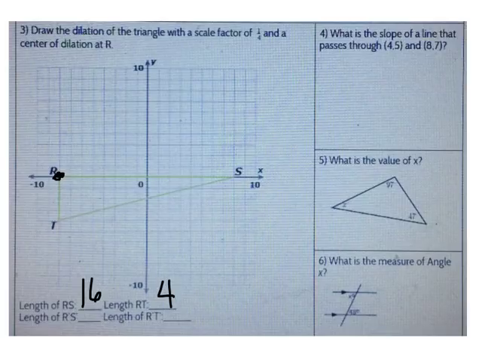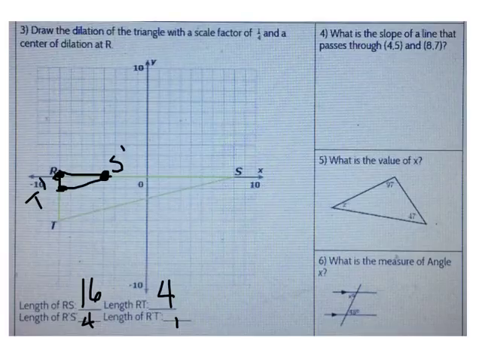If I multiply by the scale factor of 1/4, what's the new length of R prime S prime? Well, 16 times 1/4 is 4. What's the new length of R prime T prime? It's 1. Go ahead and draw the dilation now. Check to see that your dilation looks like mine.